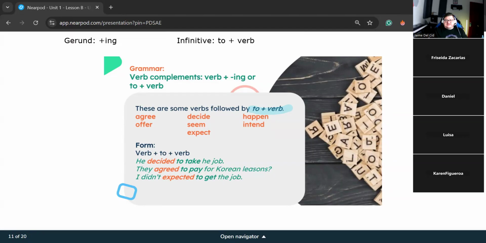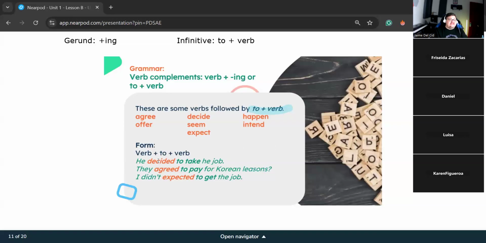Otra listita de palabras que nos va a servir, así que les recomiendo copiar. So, agree, offer, decide, seem, expect, happen, intend. These are verbs that are followed by the infinitive.